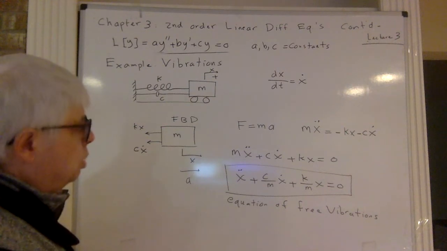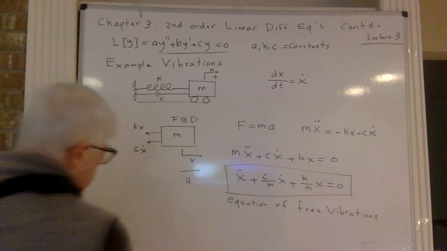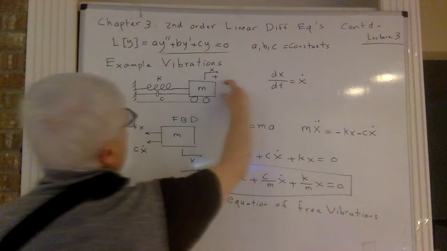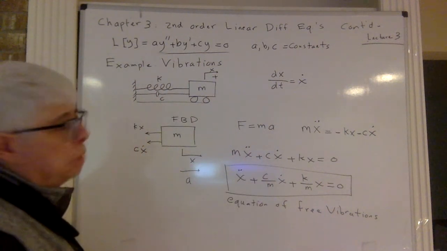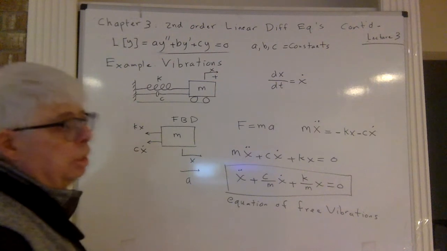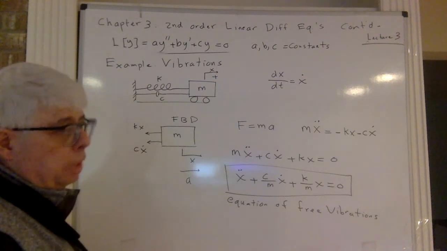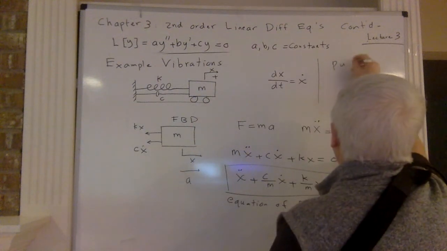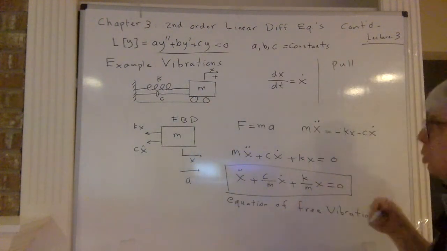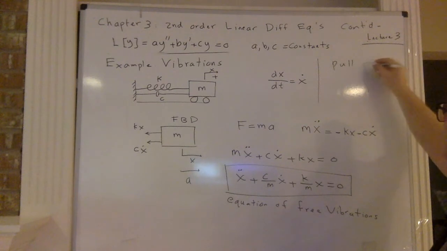So what happens if it moves? Either I pull it like this. If I pull it, I am giving it an initial x.